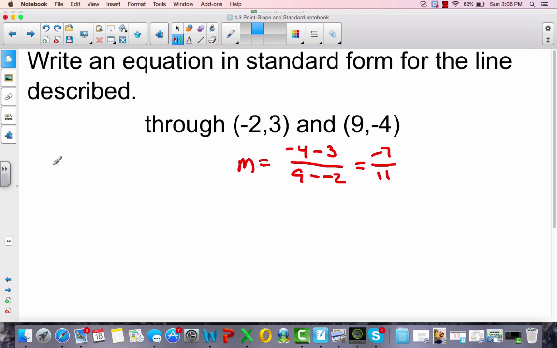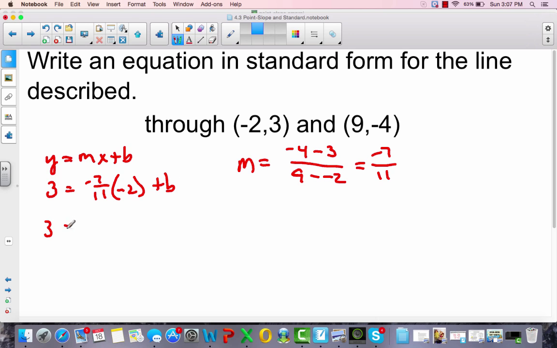So now we come over here and we go y, okay, we can put it in slope-intercept form first. y equals mx plus b. So y is 3. We could have chosen this point over here to do this with, but we're going to just randomly choose this one. 3 equals negative 7/11 times x, which is negative 2, plus b.